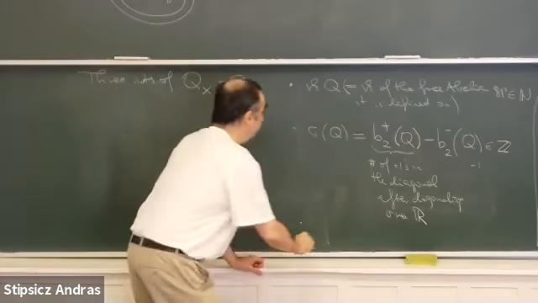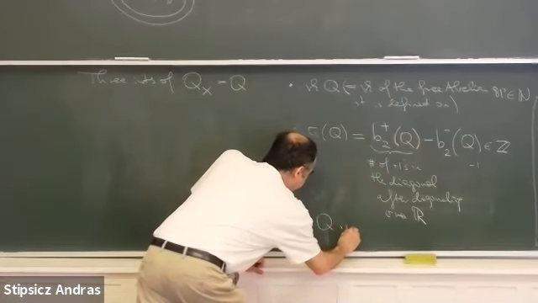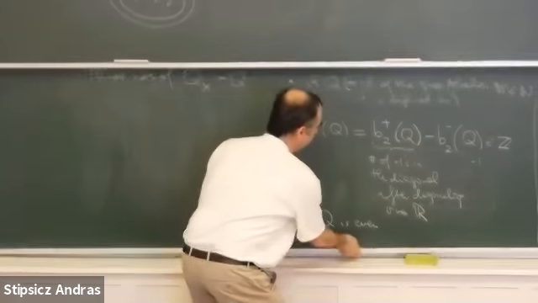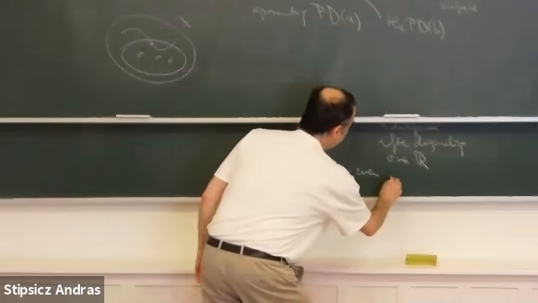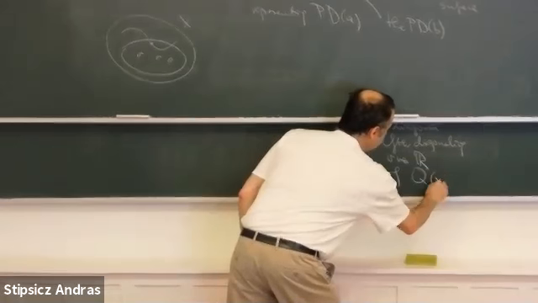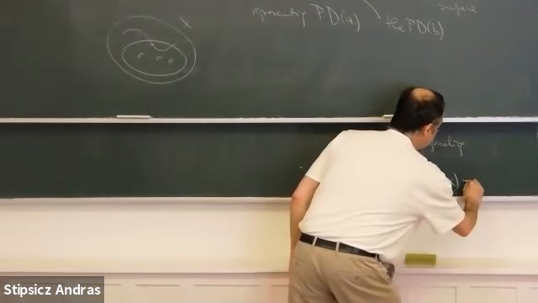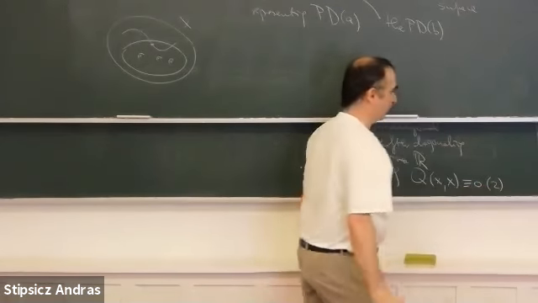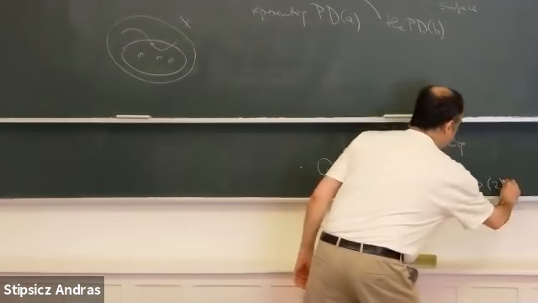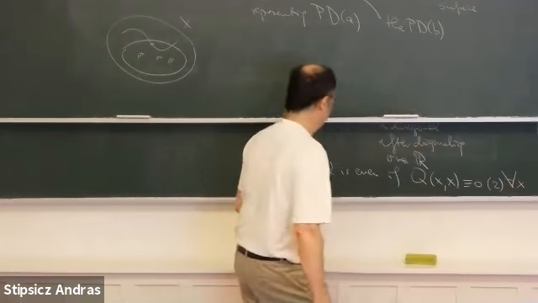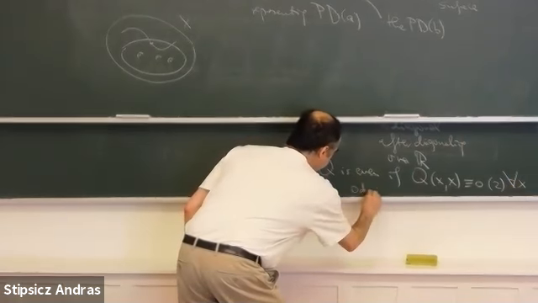And we say that Q is even if Q(x,x) is even for every x, and odd otherwise.